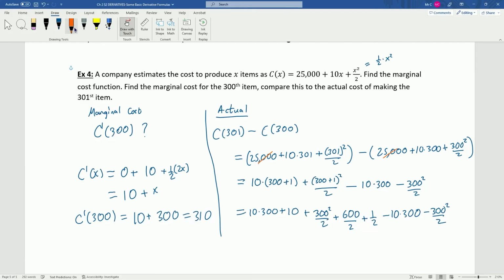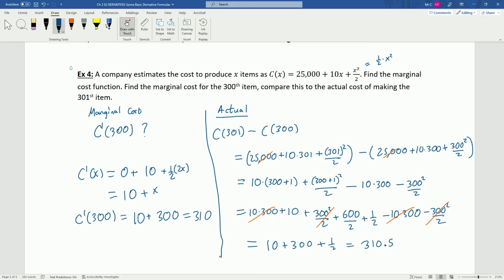Again, if you wanted to use a calculator for this, it would be okay, but look, we can just cancel that and that. And 300 squared over 2 cancels with negative 300 squared over 2. And so then we've got 10 plus 300 plus 1/2, which is 310.5.